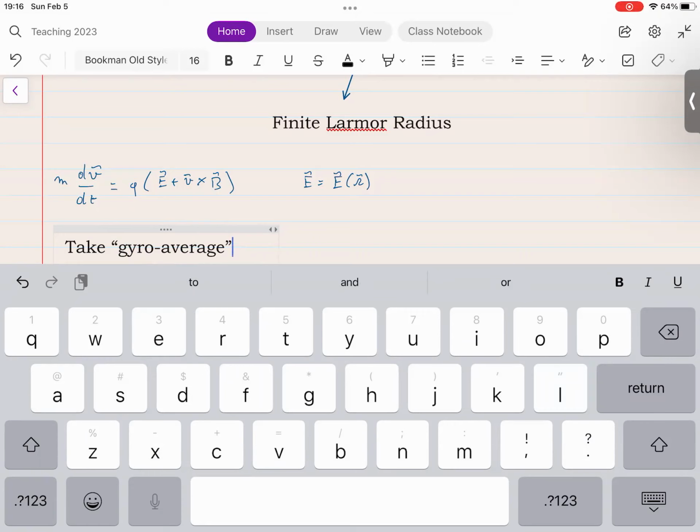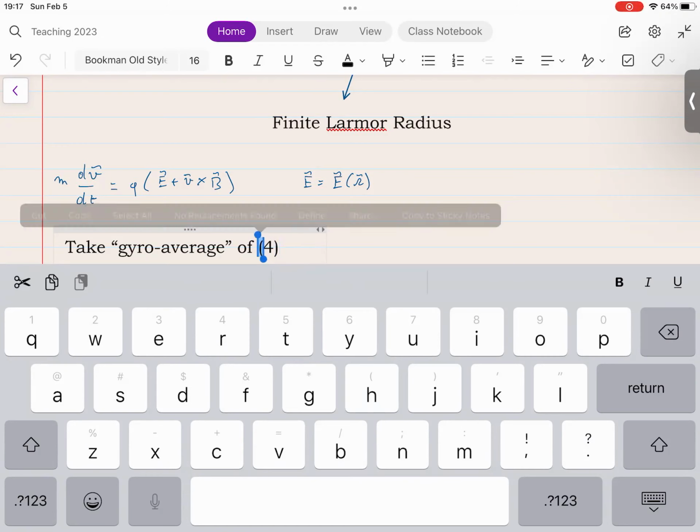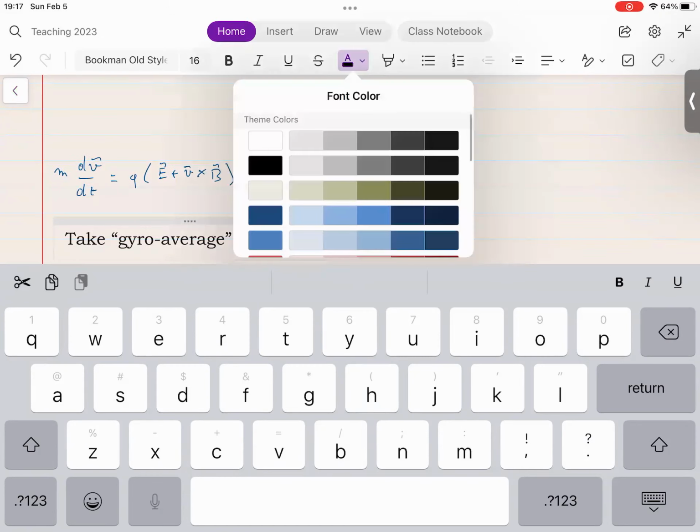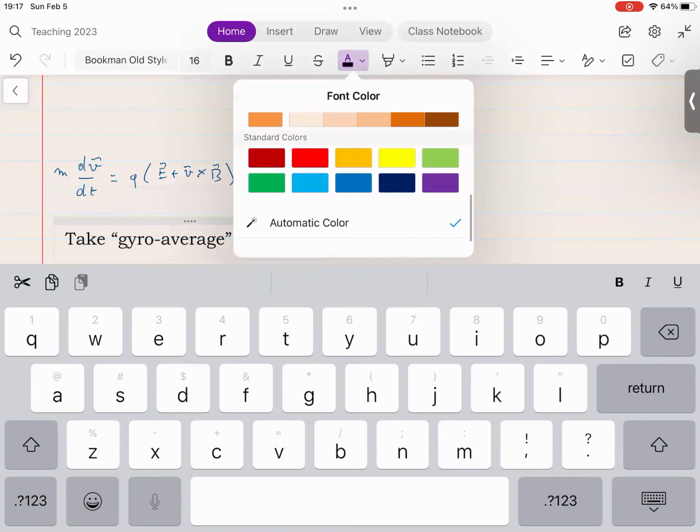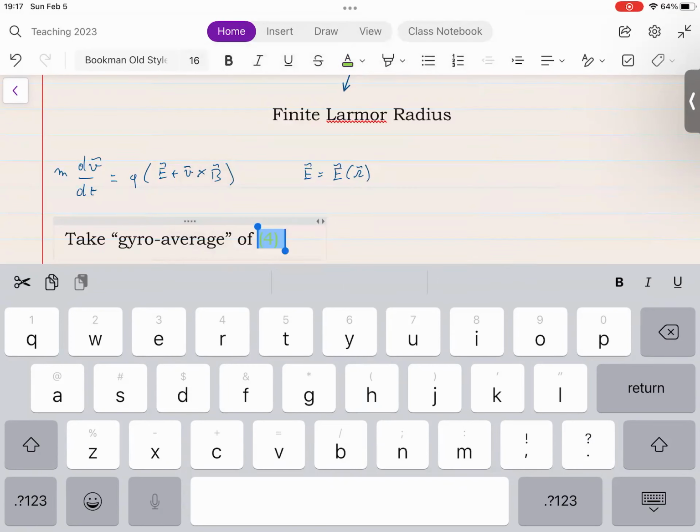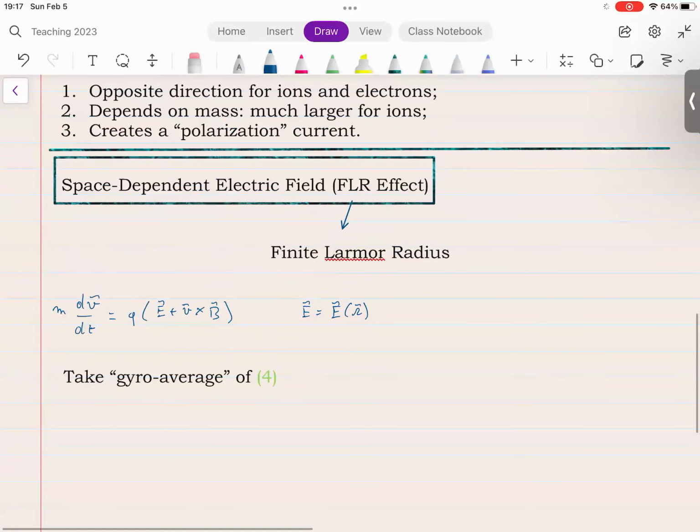I think only 3, so this should be equation 4 for today. Let's make this green. Standard colors. Thank you, green. And let me call this equation 4.